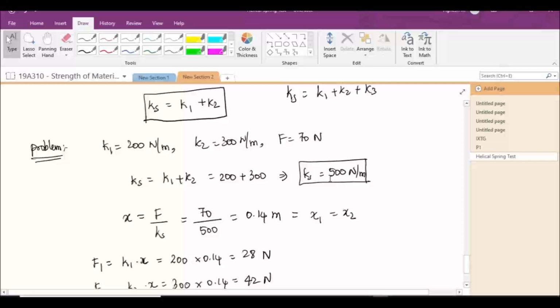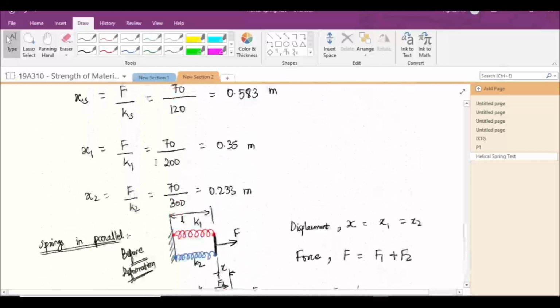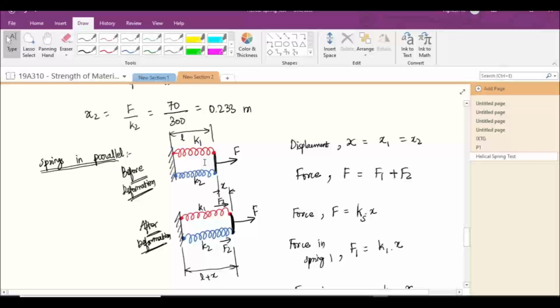Whenever two springs are connected together in parallel condition, the total stiffness is going to be more than the individual stiffness of the springs. That means the stiffness of the system will increase when I connect the two springs in parallel. So the entire system becomes stiffer.